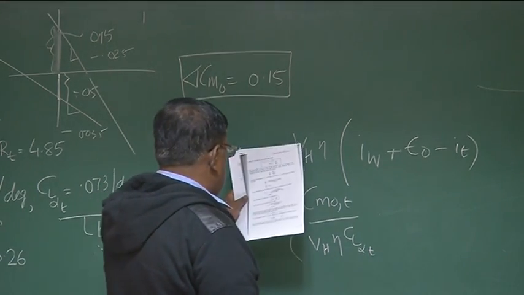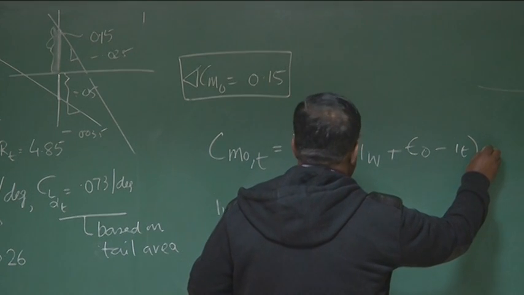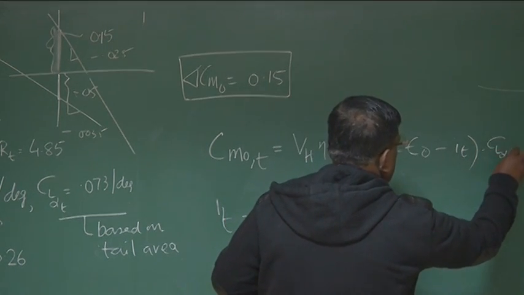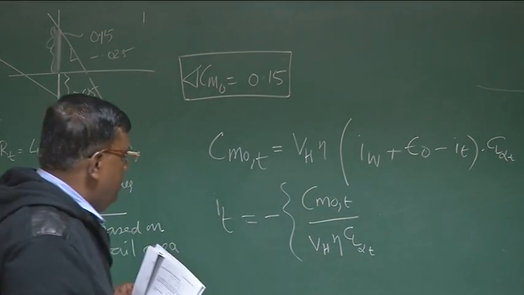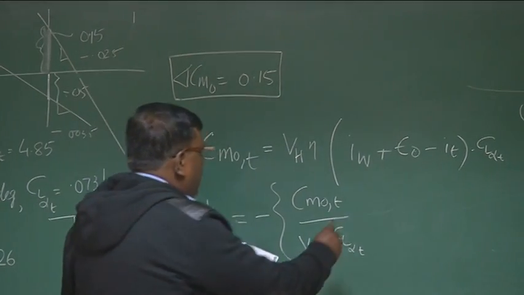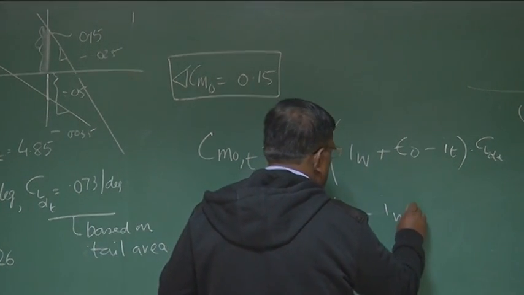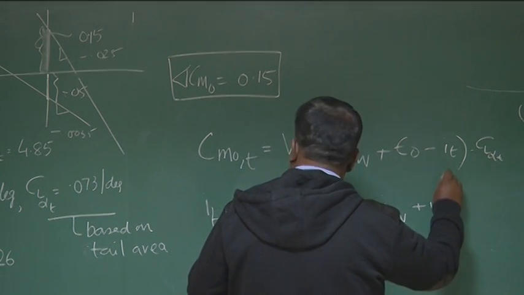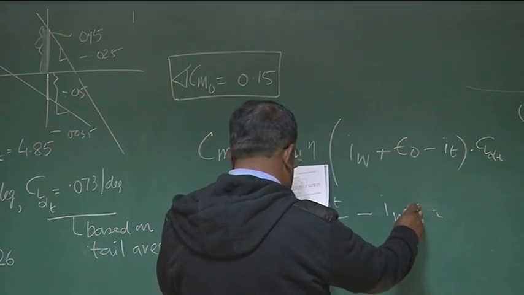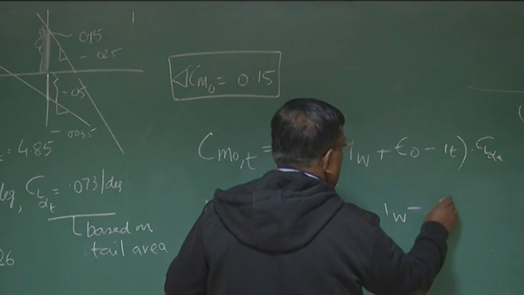Here some Cl alpha tail will be there, no? That is why, Cl alpha tail, yes. And this is minus Iw plus It. Okay, It we are finding out, so there is nothing required, minus epsilon naught.